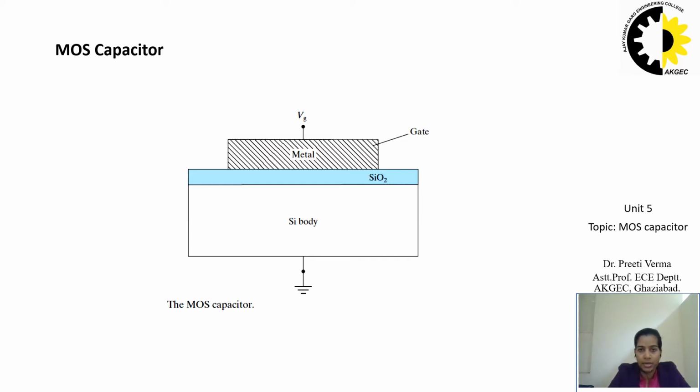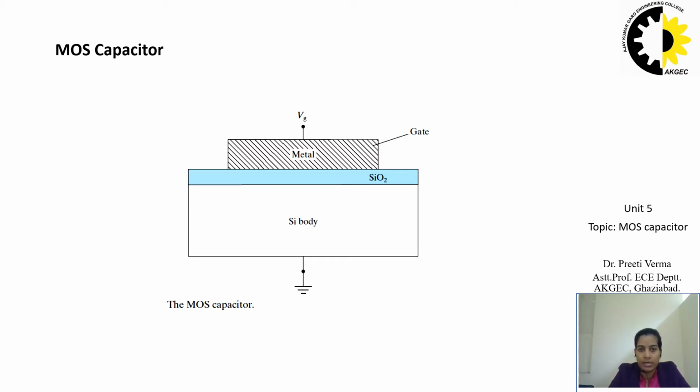Before 1970, the gate was typically made of metal such as aluminium. Hence, the M in MOSFET stands for metal.